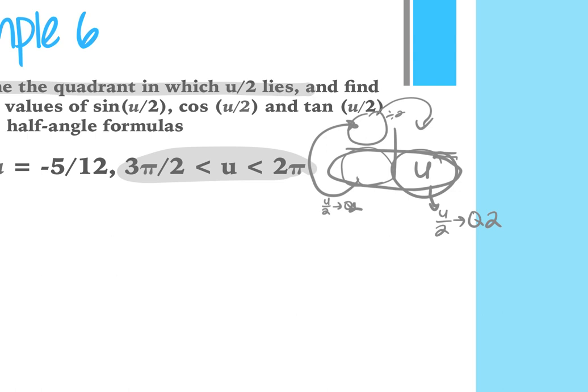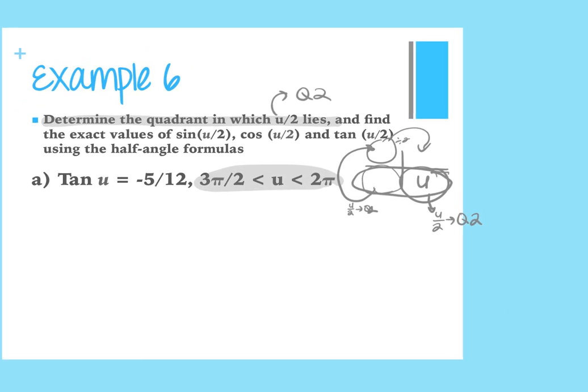Now, based on that, where would u over 2 be if u is in my fourth quadrant? Second quadrant. So this is in my second quadrant, which means my sine should be positive and my cosine should be negative. Does that make sense? Oh, okay.